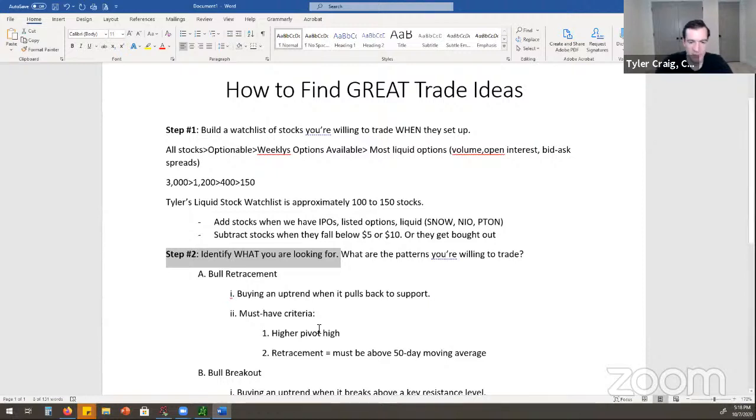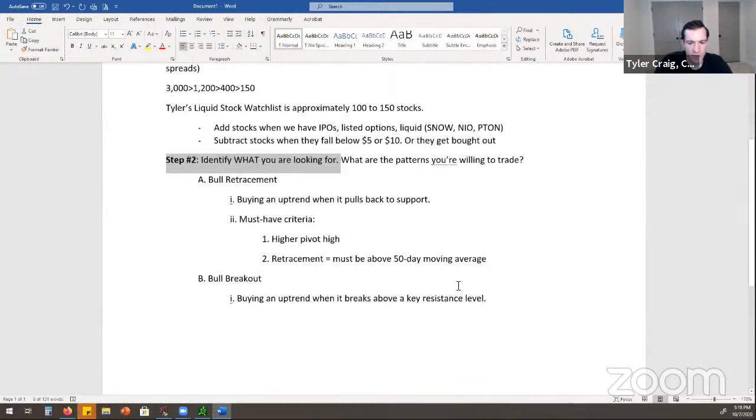I know exactly what it is. So step 3, I'm going to go through my watch list, look at my list, stock by stock, until I find a match. It's like go fish.